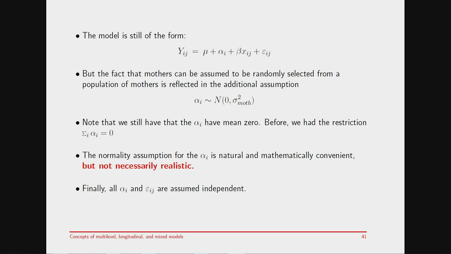Do we then no longer assume these observations to be independent of each other? No, as we will see now in the next section. So that's the additional big advantage of making these alphas random, that we suddenly will no longer assume the observations to be independent of each other.